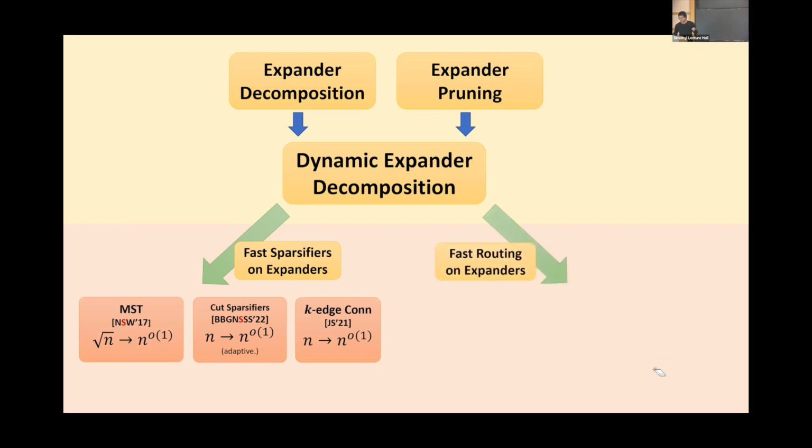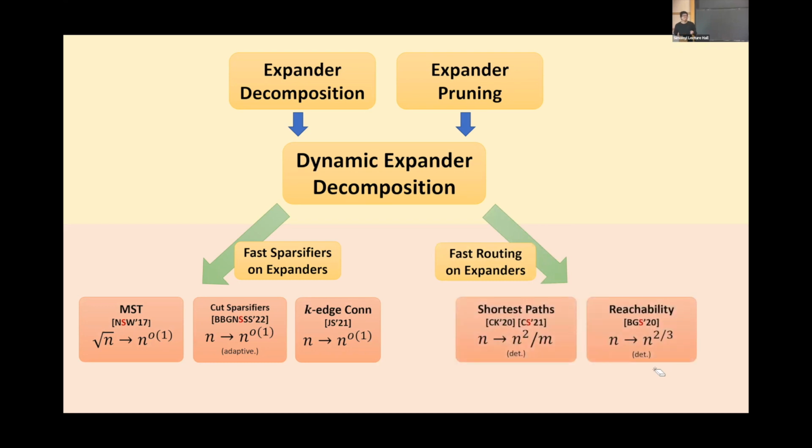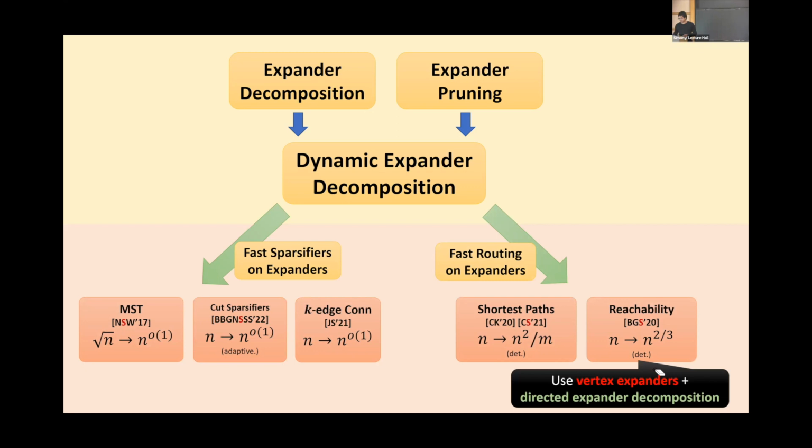The fact that you can do fast expander routing also implies something else in the dynamic setting. My point is that a lot of dynamic algorithms really benefit from this framework.